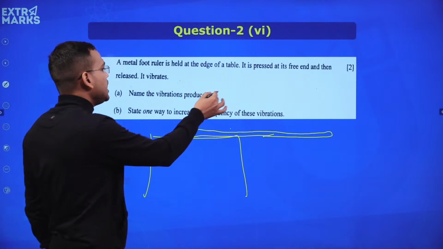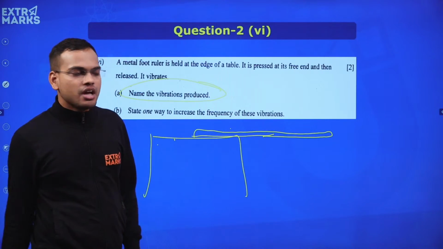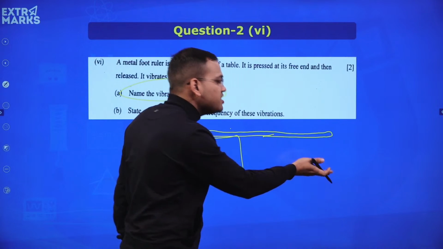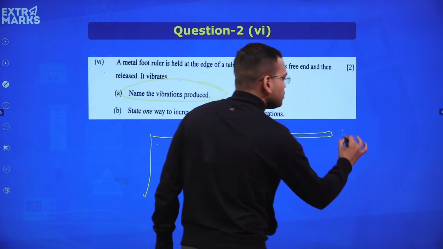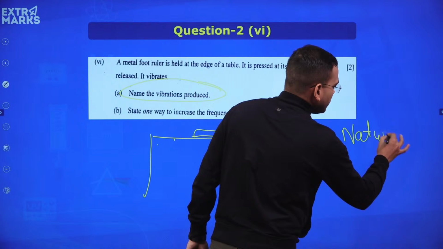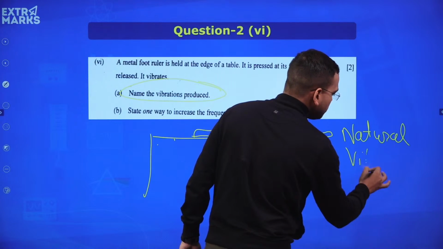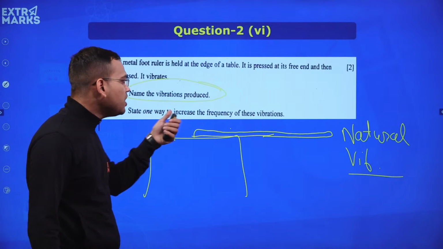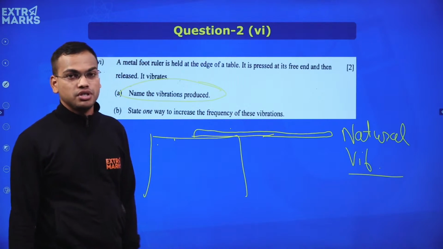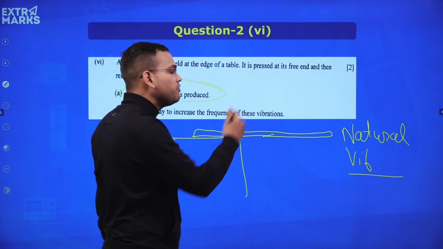And what is the name of the vibration produced? Once you keep it below and just leave it, the vibration is happening on its own, and that is natural vibration. These are natural vibrations. Now state one way to increase the frequency of this vibration. What is that one way if you want to increase the frequency of vibration?